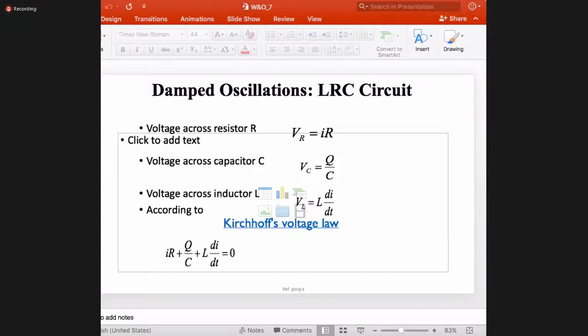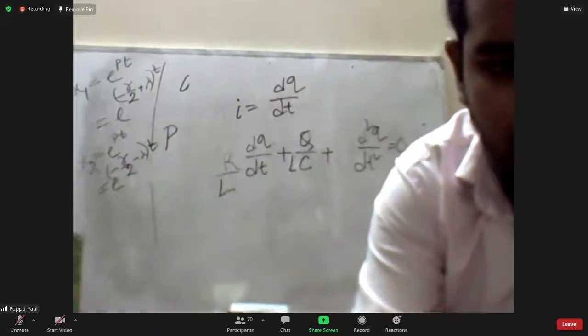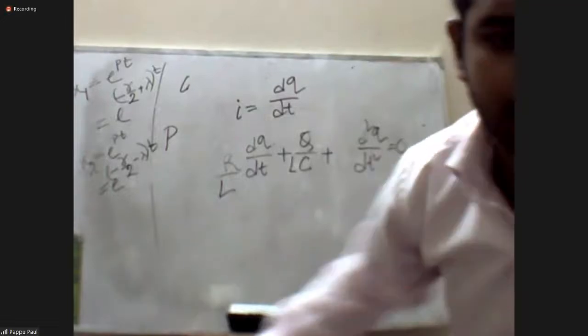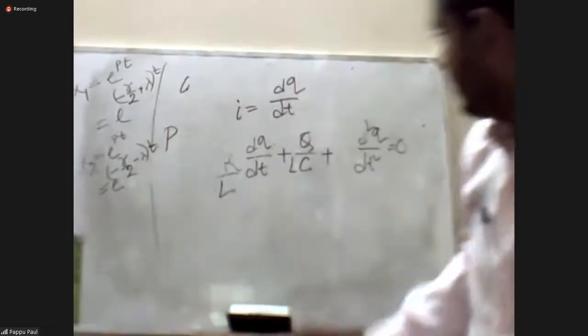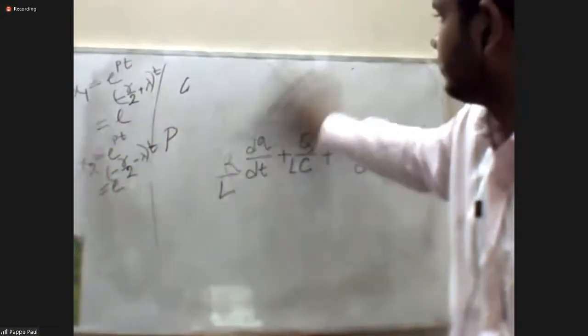That means d square q by dt squared plus R by L dq by dt plus q by LC equals 0.